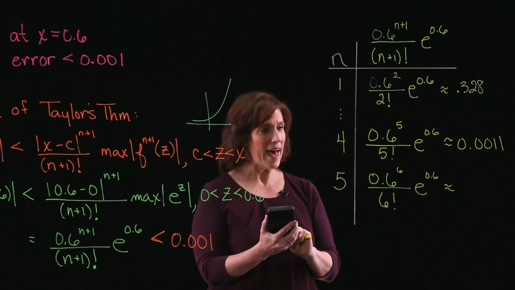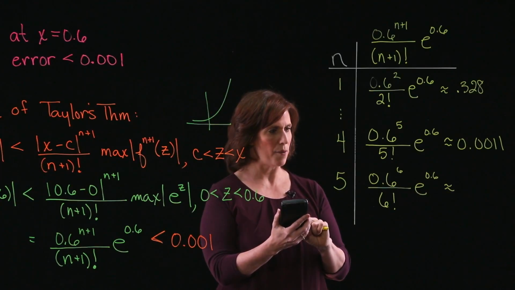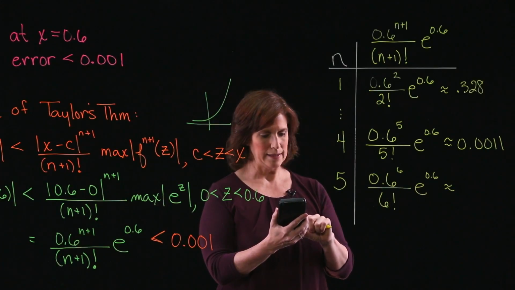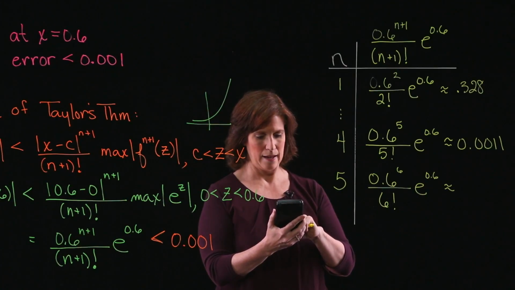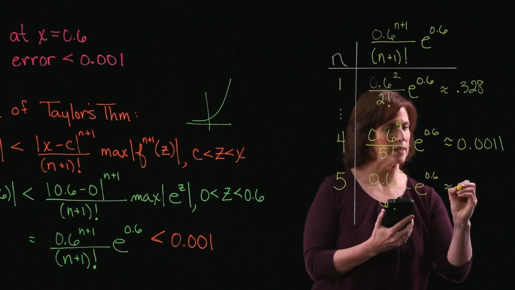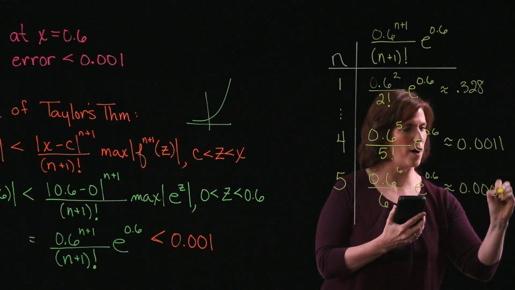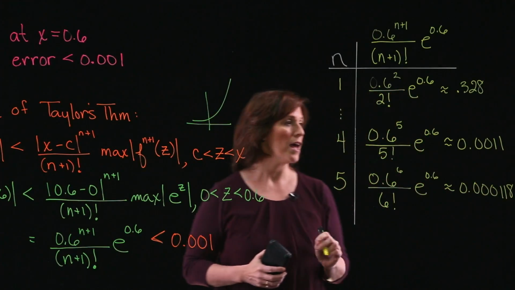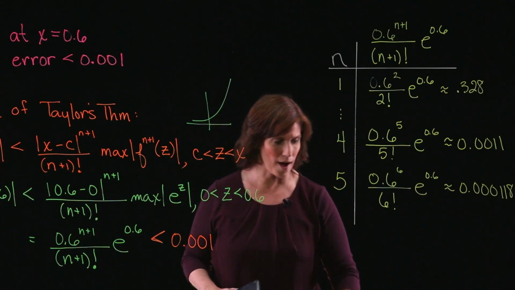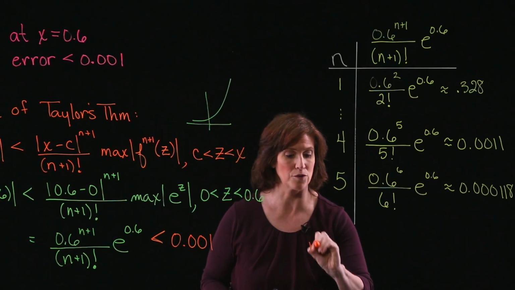And again, if I plug that into my calculator, I'm going to get approximately 0.000118. Notice this number is less than 0.001, which means I need a Maclaurin polynomial whose degree is 5.